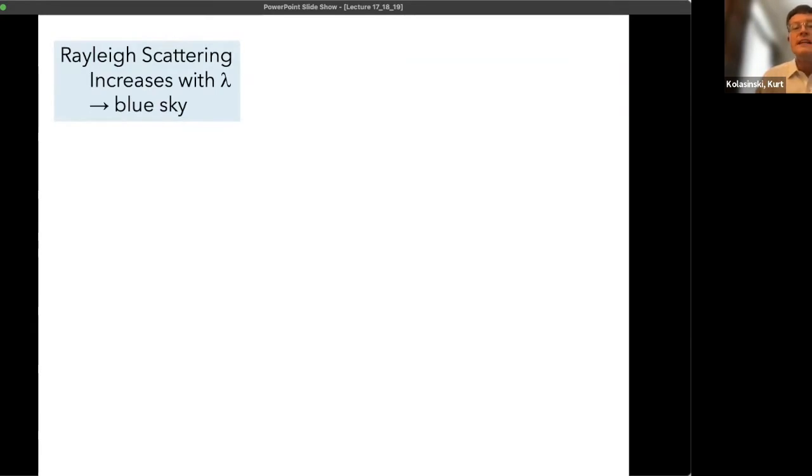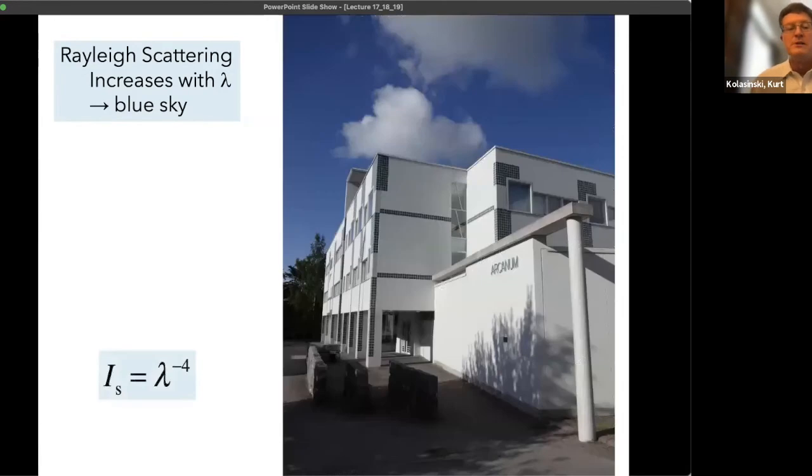The wavelength dependence of Rayleigh scattering, it is increasingly likely with shorter wavelengths. And this is actually what leads to the blue in the sky. The intensity of Rayleigh scattering, this just elastic scattering, when photons bounce off of molecules, goes as the inverse of the wavelength of light to the 4th.